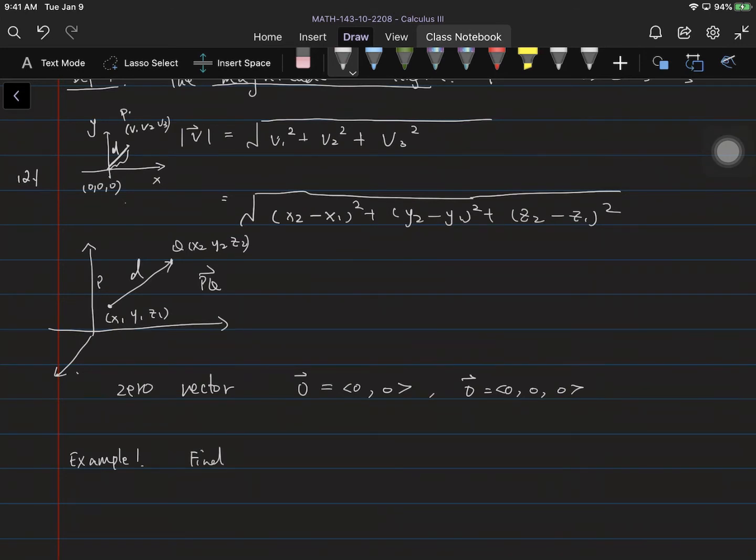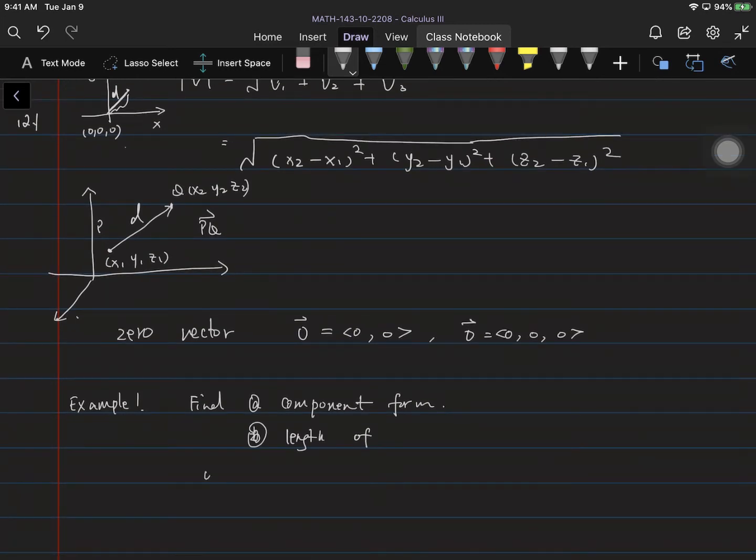Find two things: A, the component form, and B, the length, of the vector with initial point P and terminal point Q. Okay, this is an example.